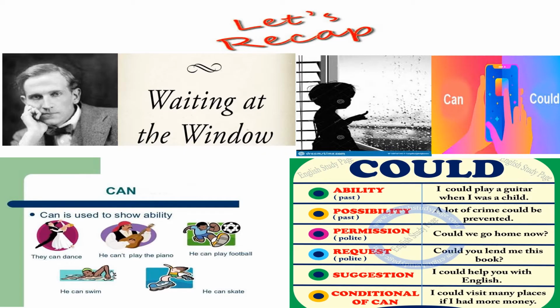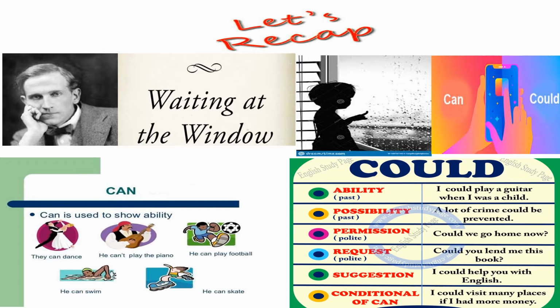Before we start today's session, children, let's quickly do a recap of what we learned in the previous session. We learned who the author of Waiting at the Window is, that is A.A. Milne. And I also did tell you a little about him.